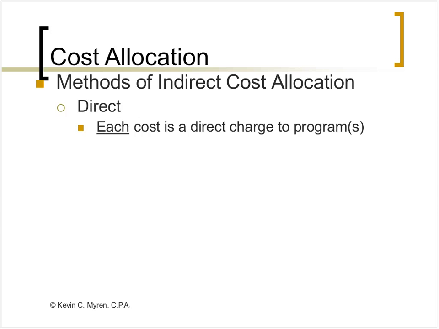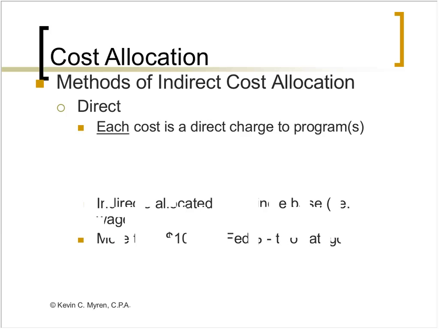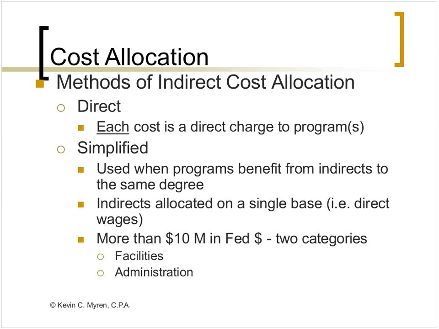However, if you have multiple programs that you're running, it is almost impossible to directly allocate each and every expense. This is a method that existed long before we had the information systems that we currently have and is probably very rarely seen.